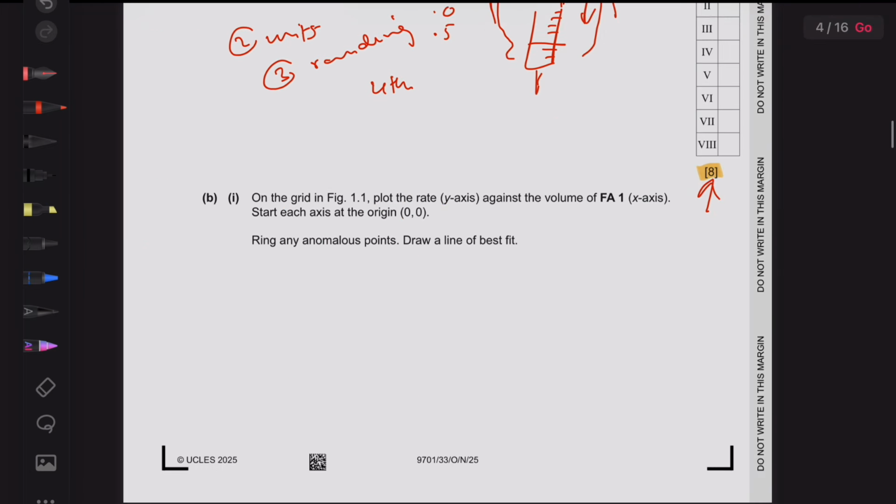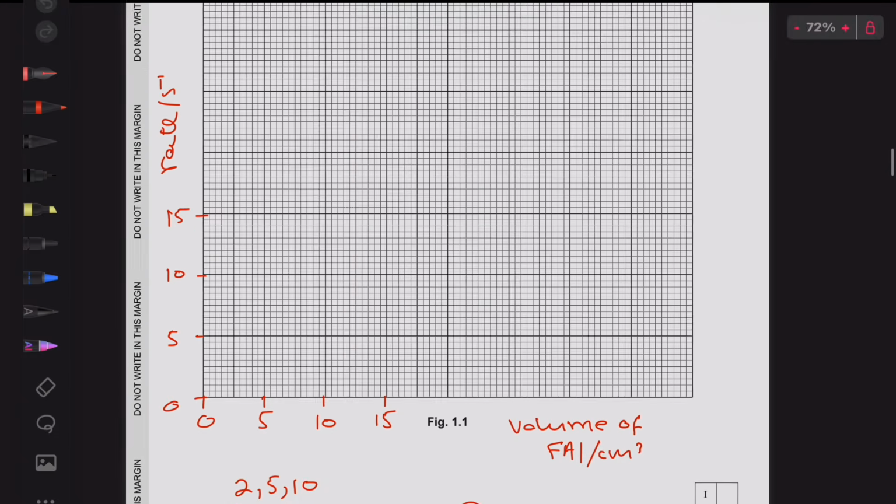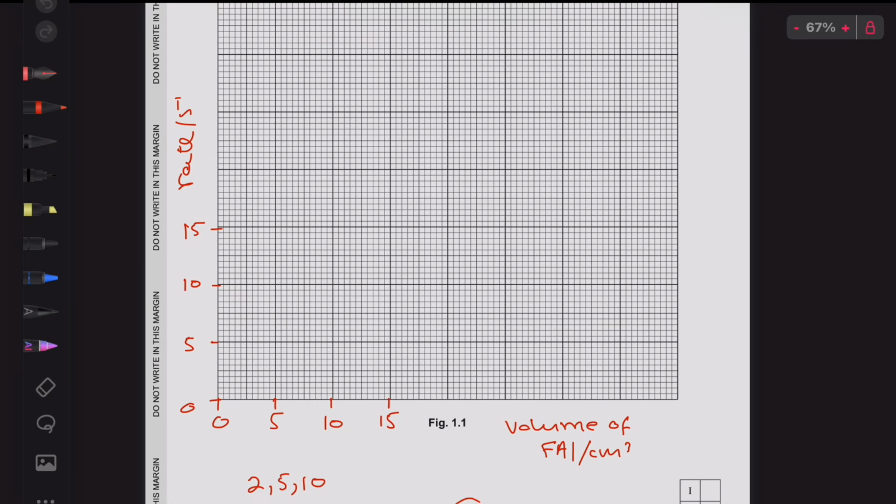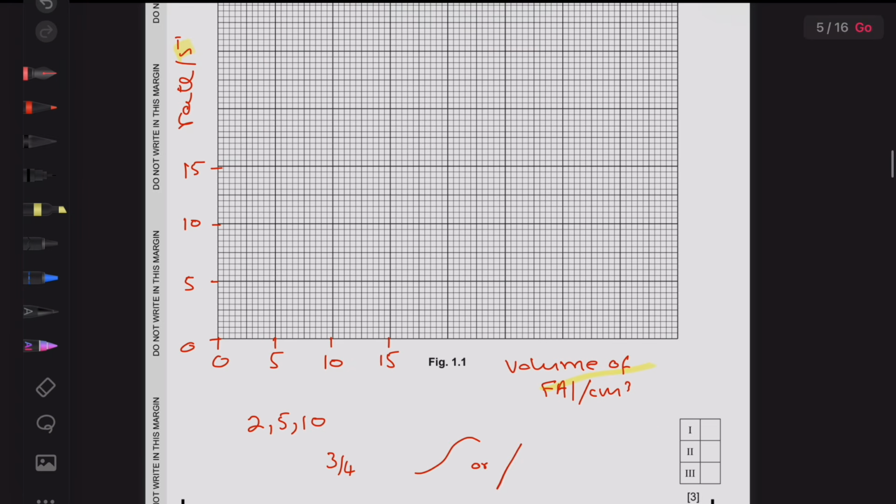So in this case, we also were told to plot a graph. Now, the graph, really, you would plot your axes. Of course, you get a mark for the axes being labeled and having their units, but also a suitable scale, and of course plotting and drawing your best line of fit carefully.